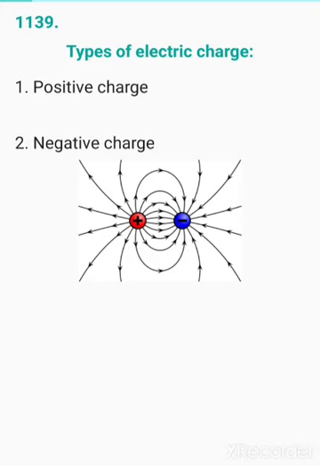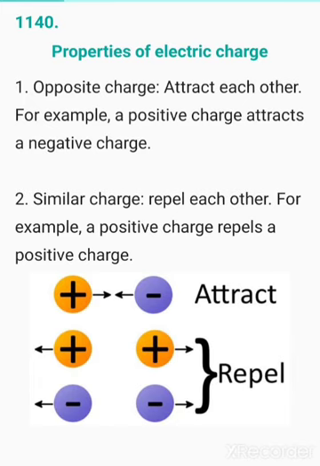If any element has a deficiency of electrons, definitely it accepts electrons, and after accepting electrons, a charge is created, that is negative charge. So basically there are two types of charges: positive charge and negative charge. Because of positive and negative charge, electricity can be created.